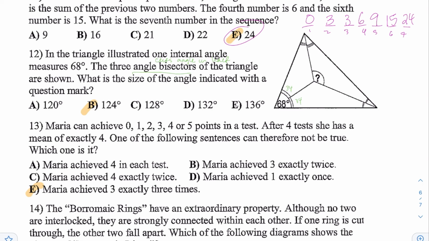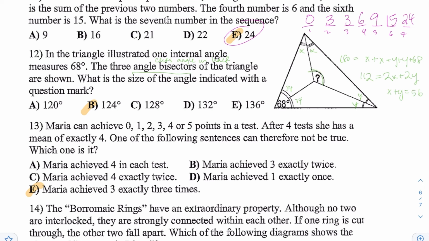And we don't know what they are, so we can call one of them x, the other one y. You know that x plus y plus 68 has to be equal to 180, because that's the whole triangle. So if you try 180 minus 68, you get 112, and that's equal to 2x plus 2y, which means that x plus y has to be equal to 112 divided by 2, or 56.